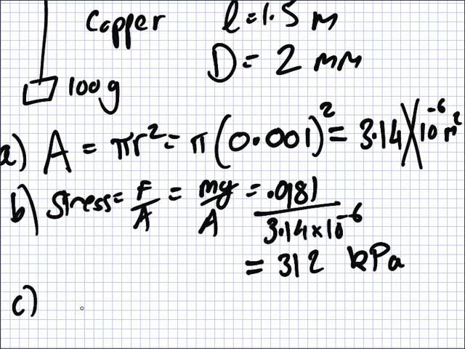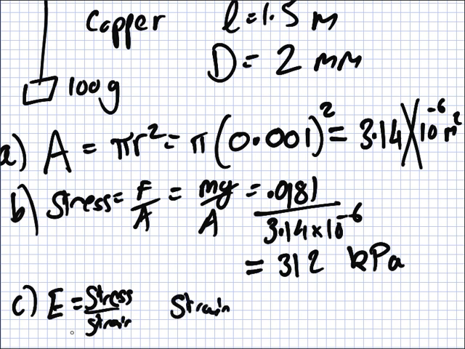What's the strain? It's x over L. Do we know x? No. Do we know L? Yeah, so we can't really use that formula. But we could use Young's modulus, which is stress over strain. So then what's the strain? It's stress over Young's modulus.